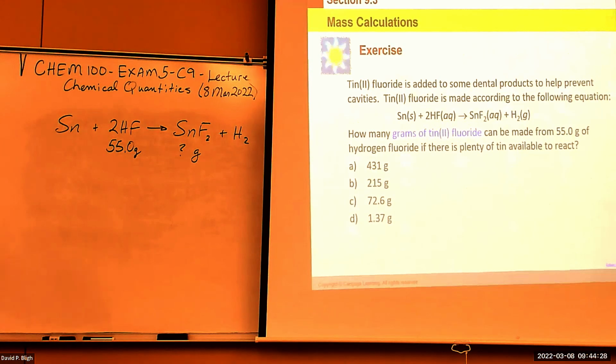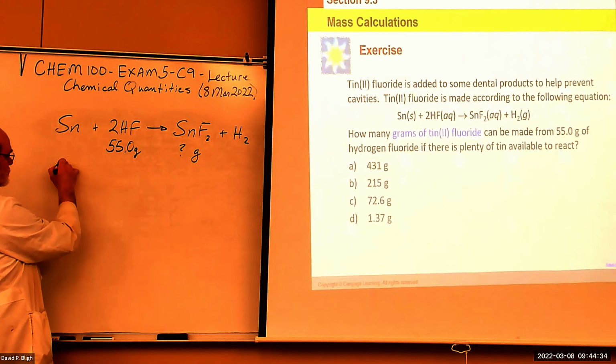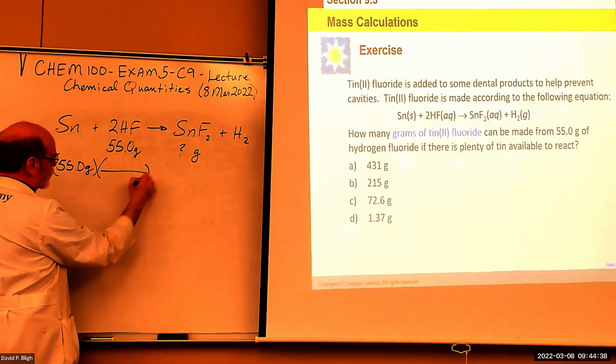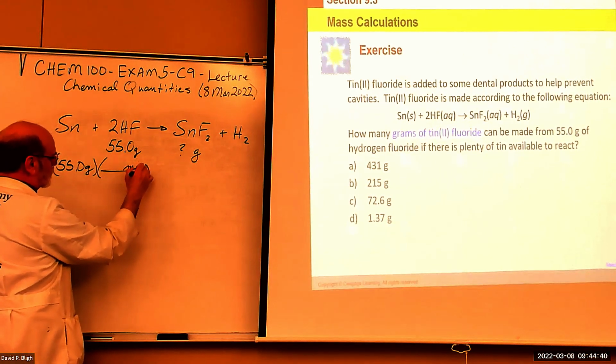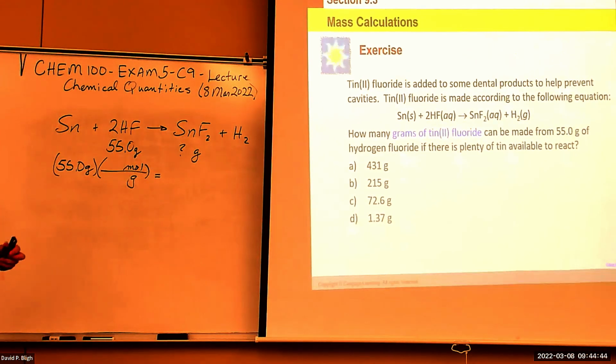And we have to see, all right, what else do we need? Well, remember, we've got to convert that to moles, right? That has to be converted to moles. So we need a molar mass for HF. 1.01 plus fluorine is 19, exactly 19.